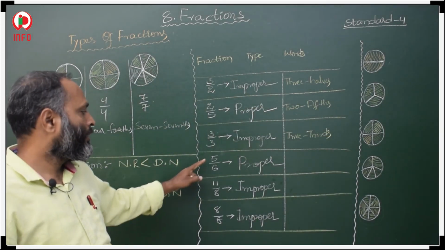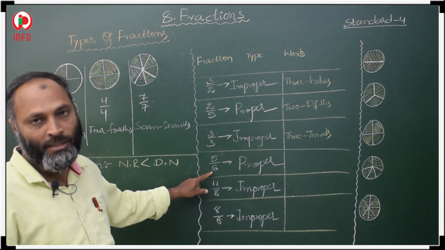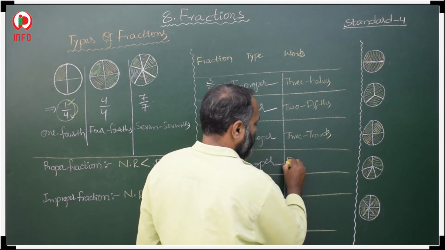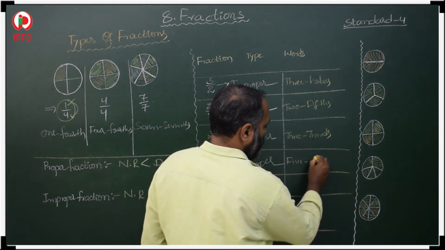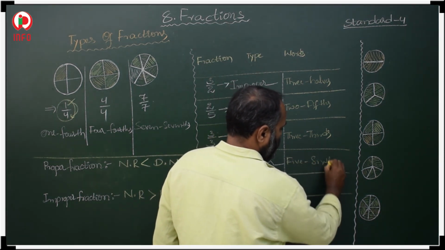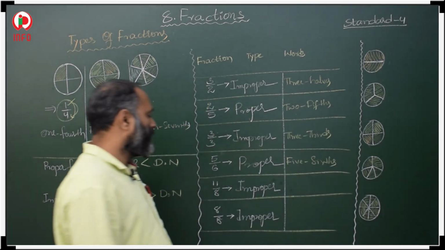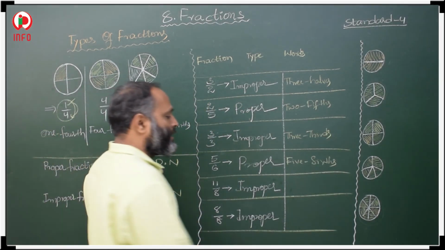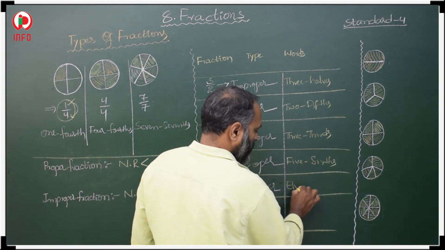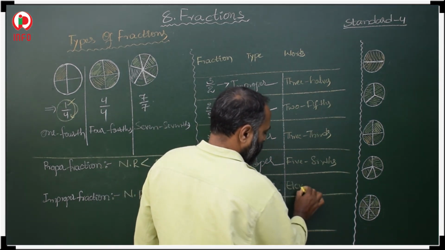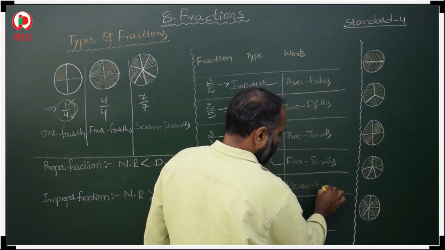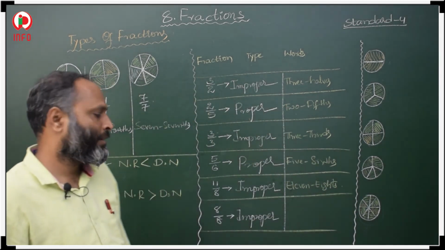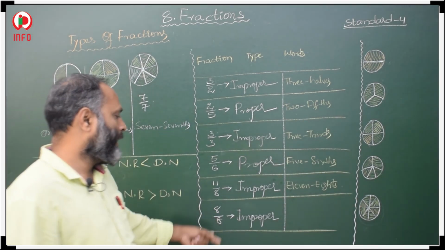Next, 5 sixths, 5/6. Then 11 eighths, 11/8. Then 8 eighths.